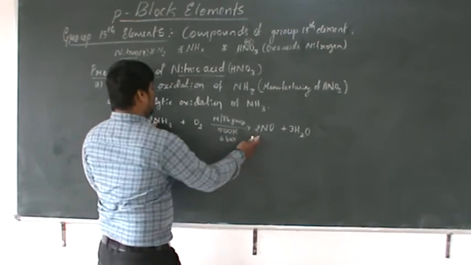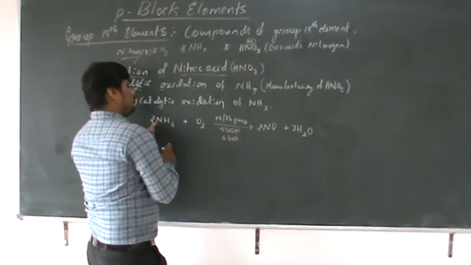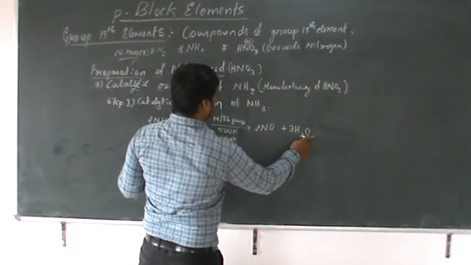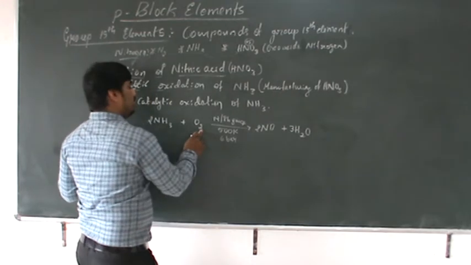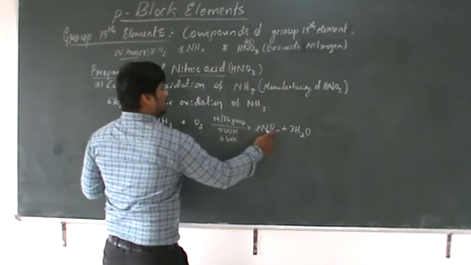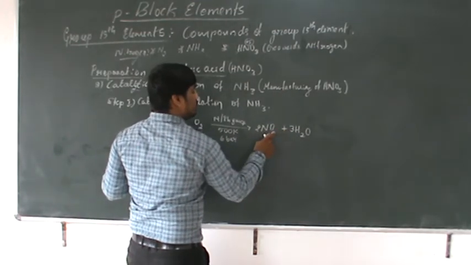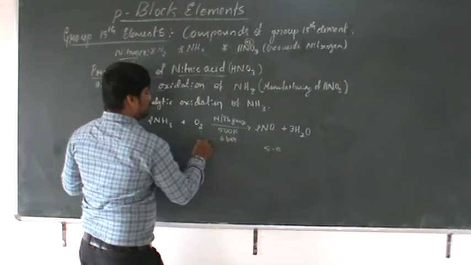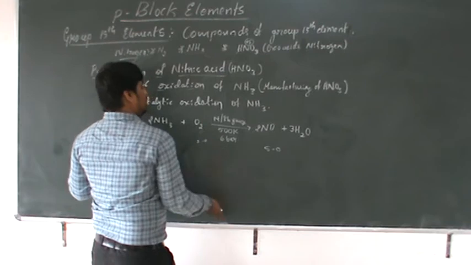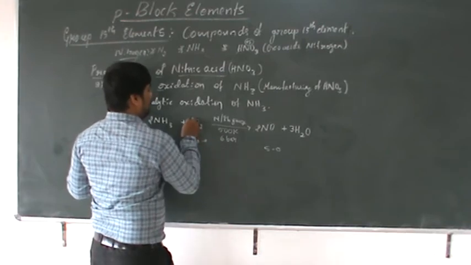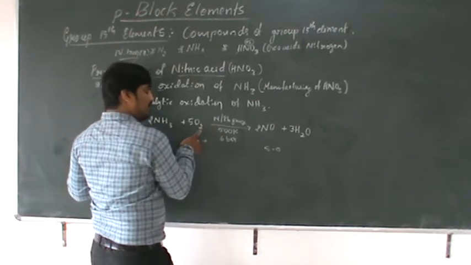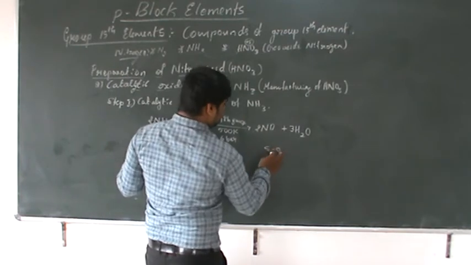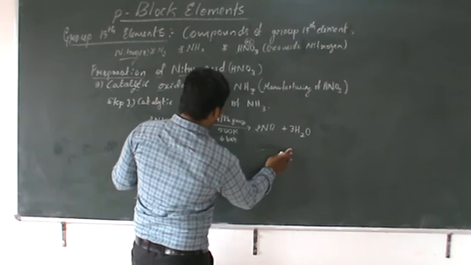Okay, 2 nitrogen, 2 nitrogen. 3 into 2, 6 hydrogen, 3 into 2, 6 hydrogen. Oxygen, 3 oxygen and 2 oxygen, total 5 oxygen here, only 2 here. Then I make it double by multiplying 5, it becomes 10 oxygen.